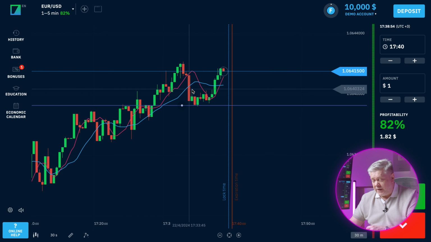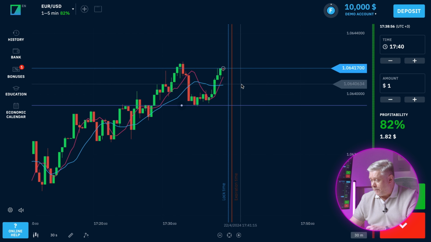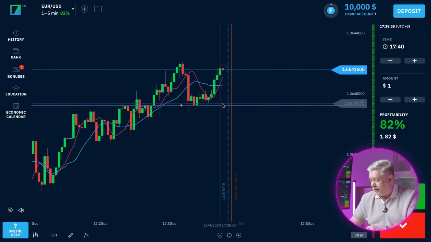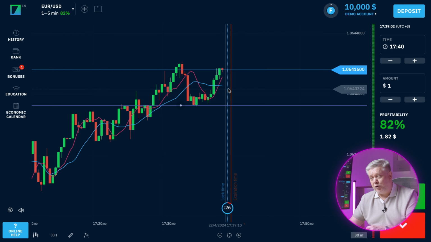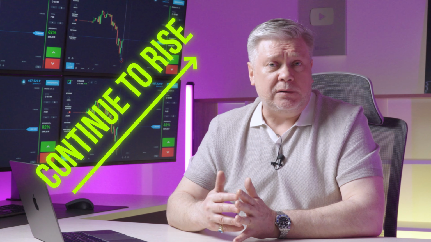And this is exactly what is happening at the moment. The price has not fallen below 1.0640 and it is trying to grow. Let's proceed from the fact that it is quite likely that after today's local decline in the underlying asset, the euro-dollar pair is likely to continue to rise.